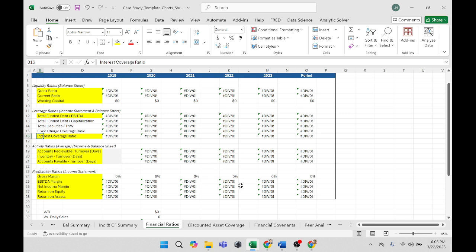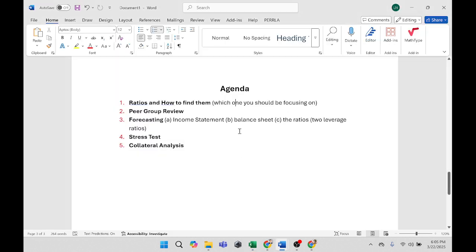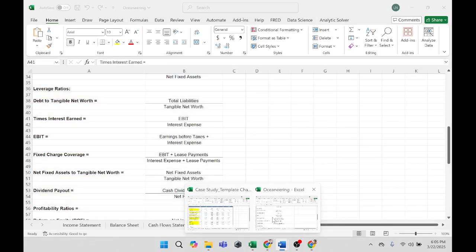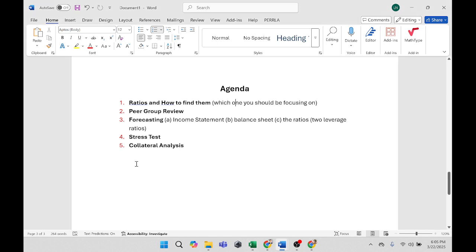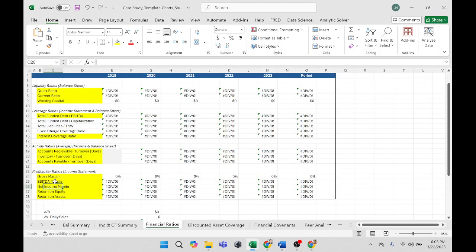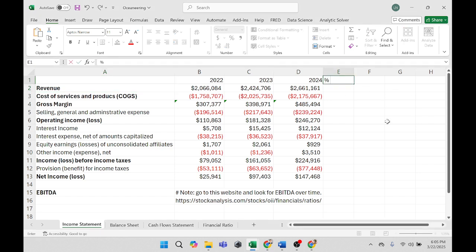All right, moving forward, keep in mind these are the different ratios and where you're going to find them on your financial ratios. I'm going to demonstrate, first, the profitability ratios and where you can find them. You remember the concept of percentage total.